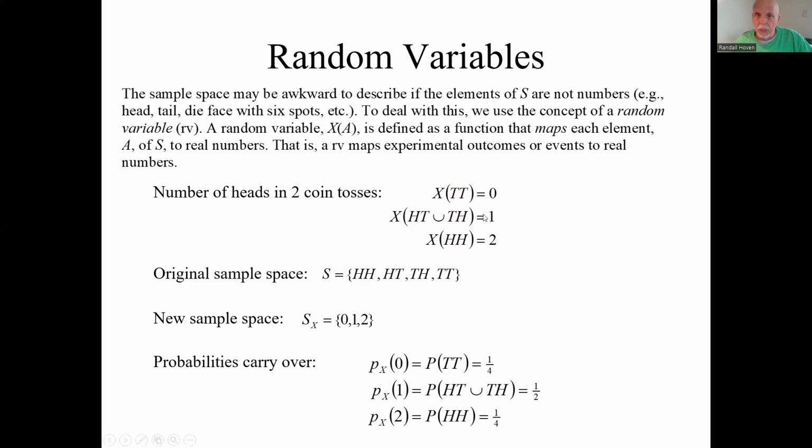Here's how many heads you get for those cases. The original sample space was these things in terms of heads and tails. The new sample space, after mapping using the random variable mapping, is 0, 1, and 2. Nice real numbers. And the probabilities carry over.